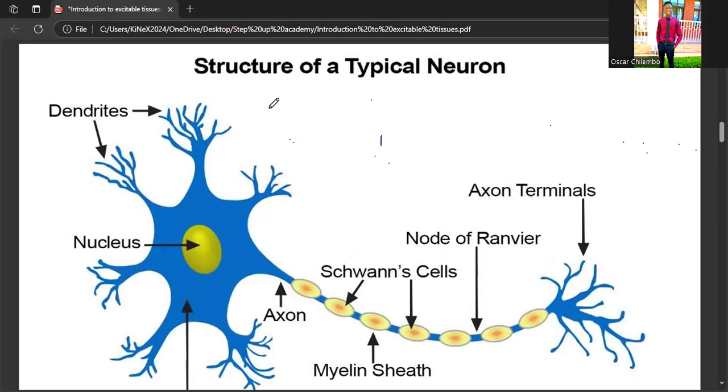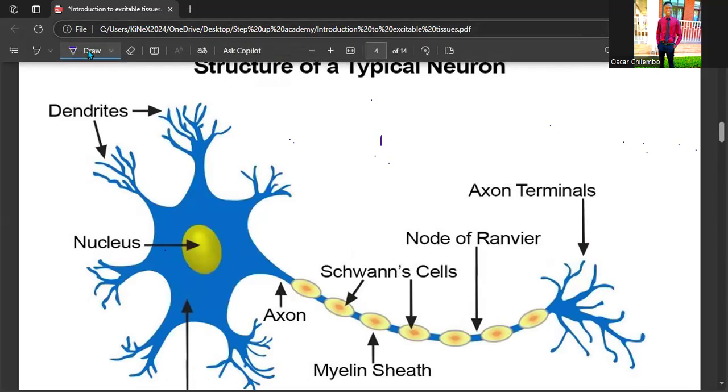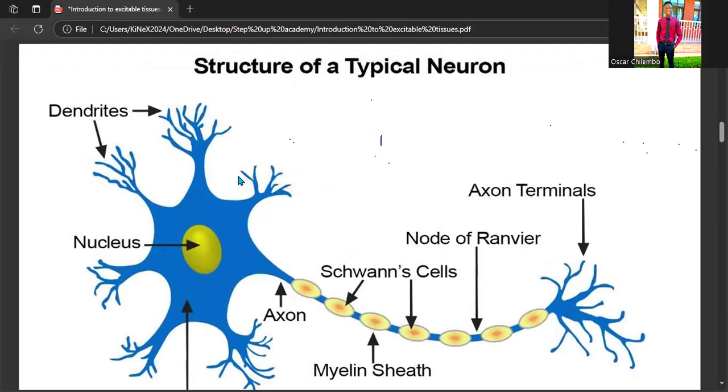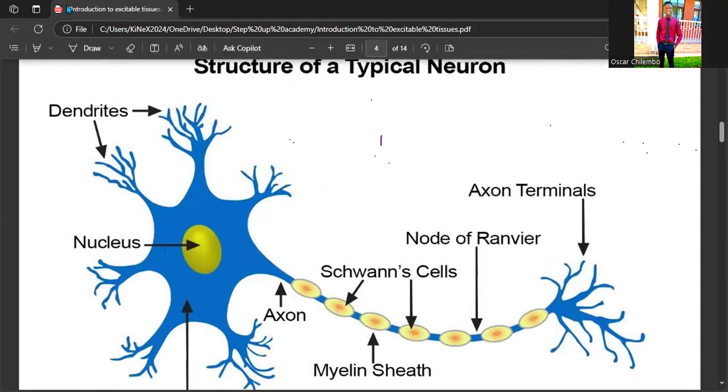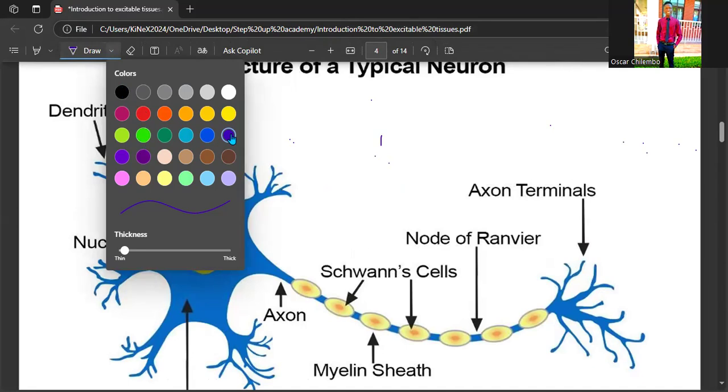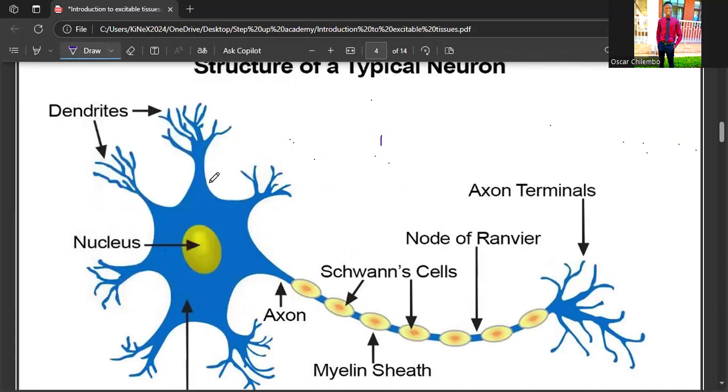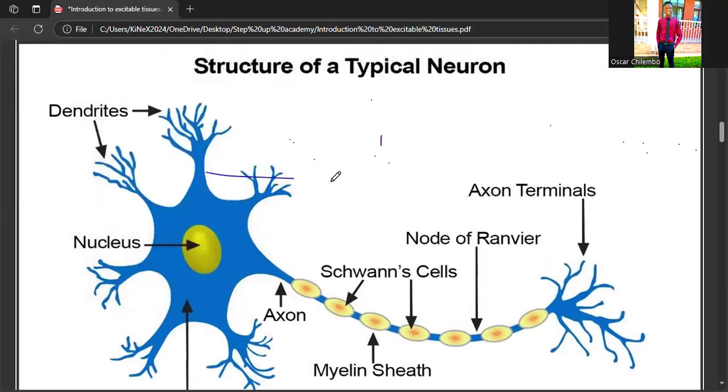So anterograde is when it is moving from this area, going this side. Okay, this is the normal movement of the electrical impulse.